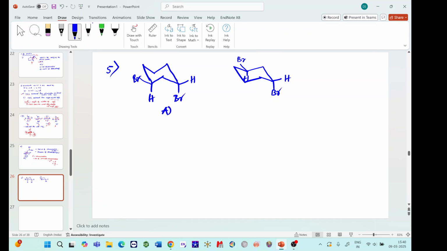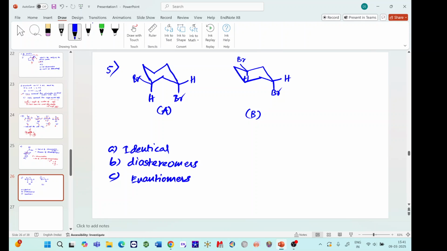So you need to tell the relation between A and B. Your options are A, that is identical, that means the same compound. B will be diastereomer, C will be enantiomers, and D will be meso compound.